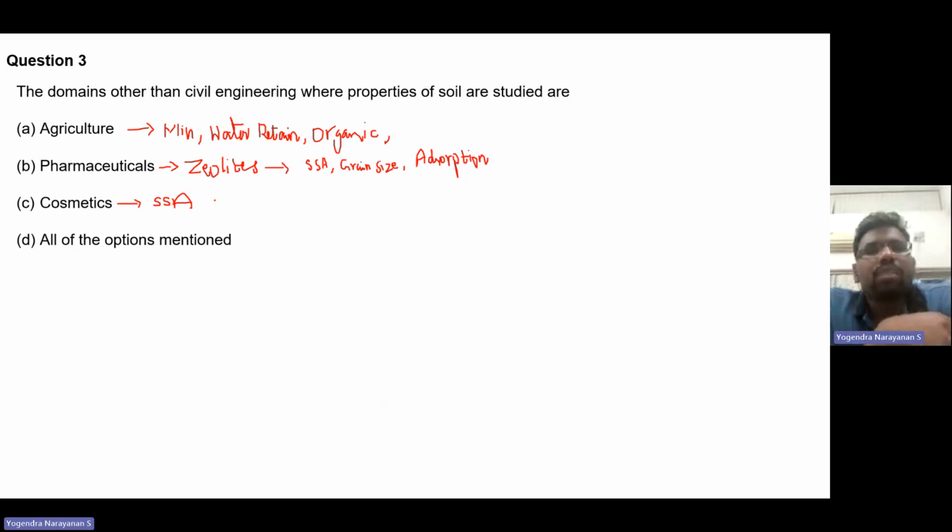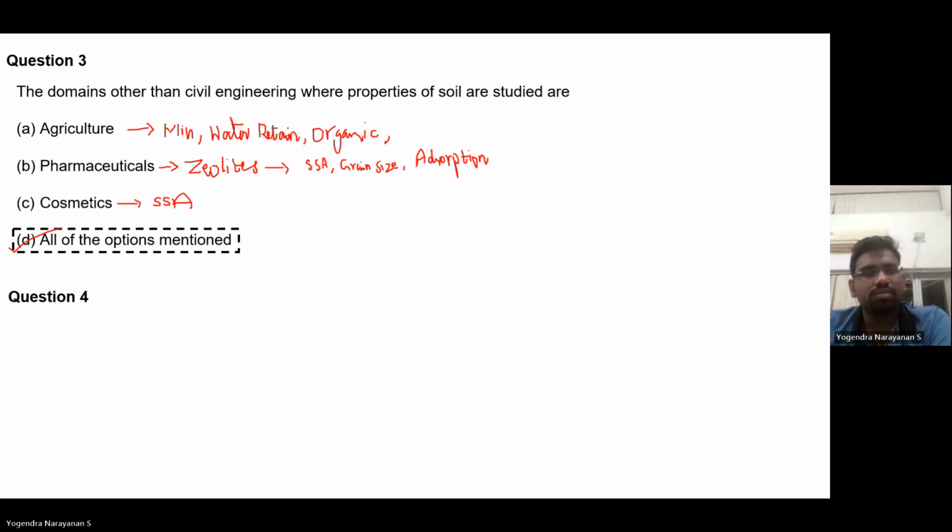These are finely ground materials which have more absorption capacity, and they can absorb the impurities present in the body. Hence, they are preferred as cosmetics. Hence, all the three options utilize the properties of soils. Hence, the correct option would be all of the options mentioned. So, let us move to the next question.